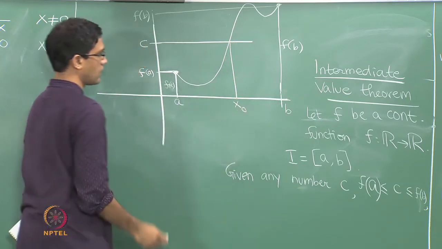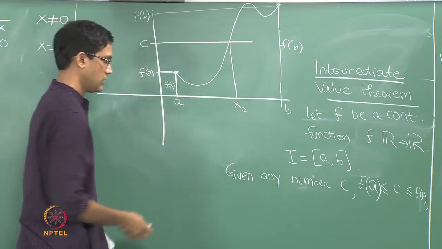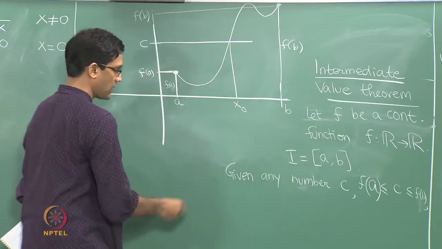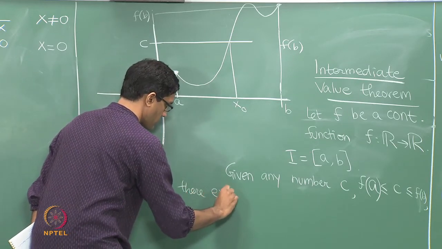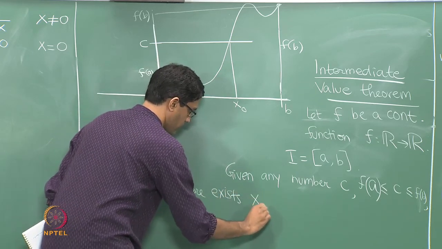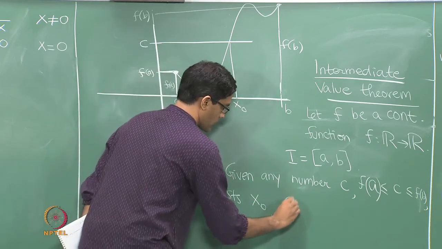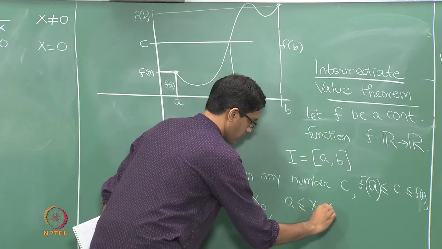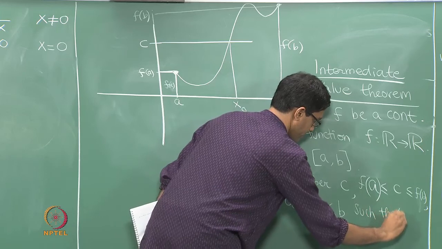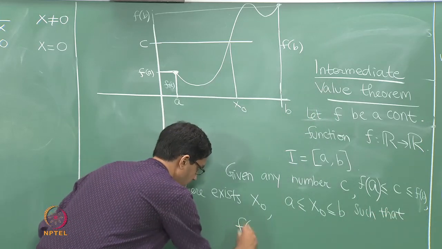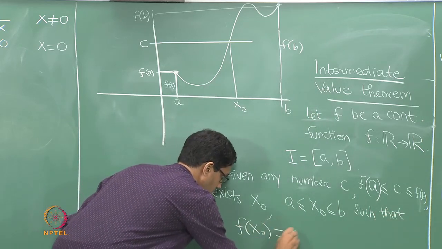There is an x value at which the function takes the value c. So given any number c between f of a and f of b, there exists a real number x0 between a and b such that f at x0 is exactly the value c.